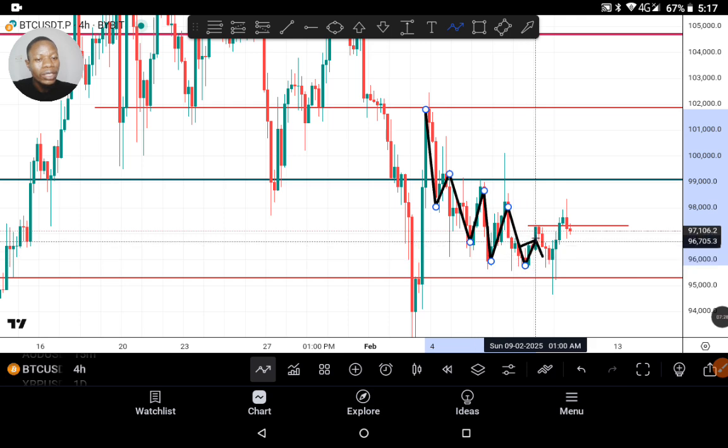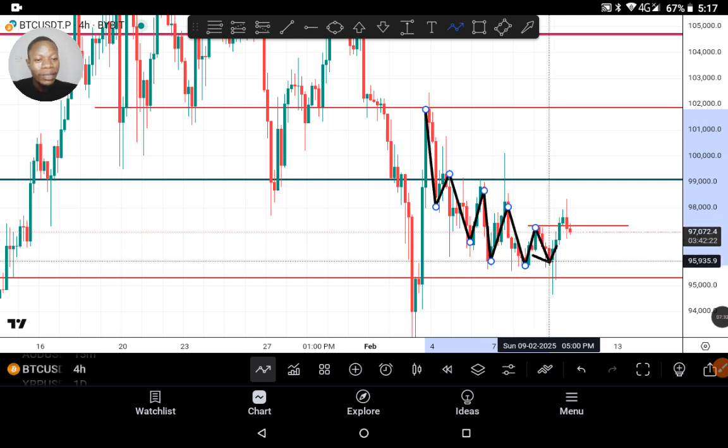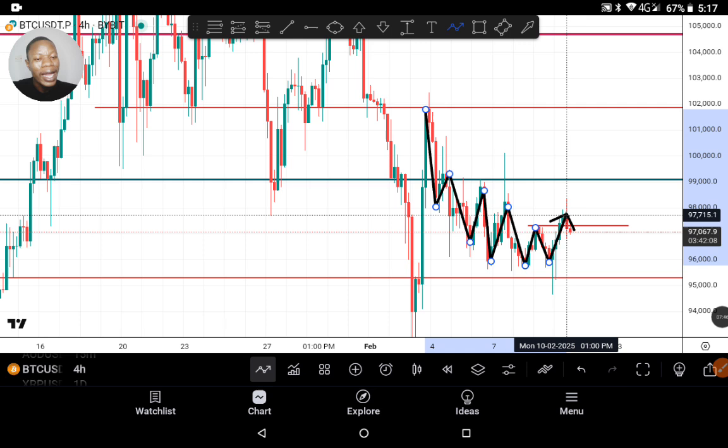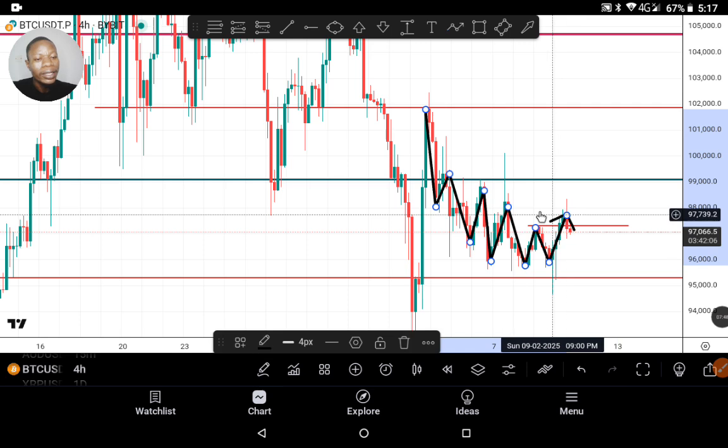This is another lower high, which is as expected. But instead of giving us a lower low, it's giving us an equal low here, or let me say a higher low. And now it has broken the previous high to give us a higher high instead of a lower high.